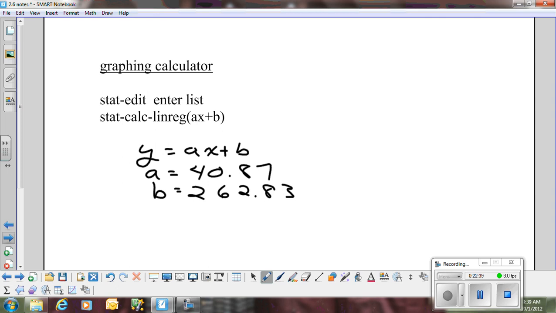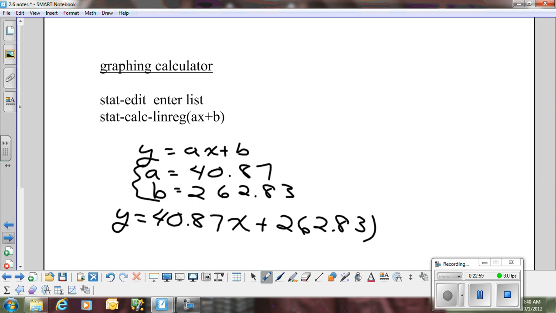Like I said, if it's something different, you probably mistyped a number somewhere. Now, what this tells you is the linear regression line is y equals 40.87x plus 262.83.